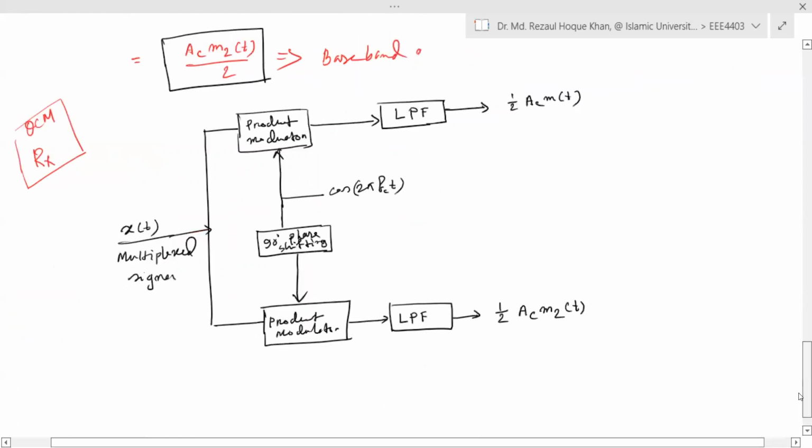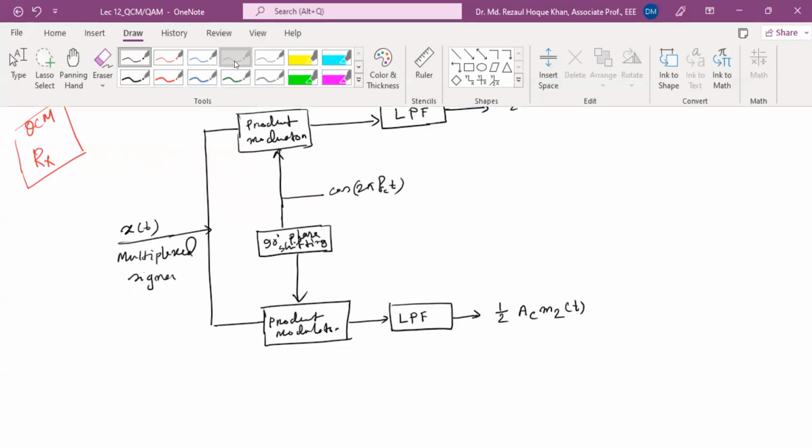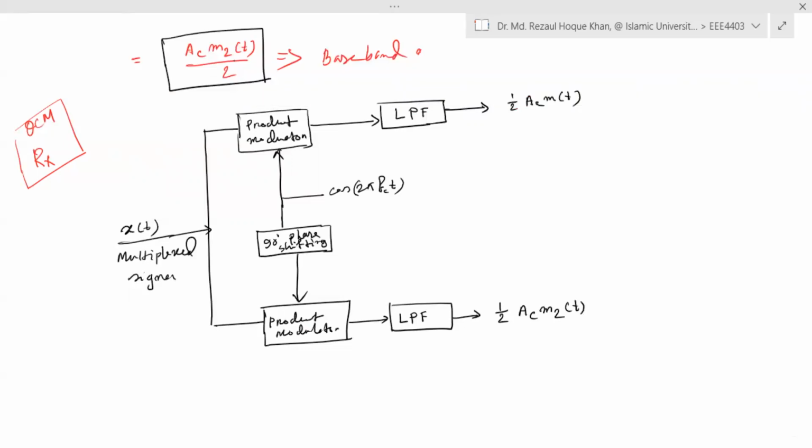So this is the schematic diagram of the QCM demodulator or receiver.